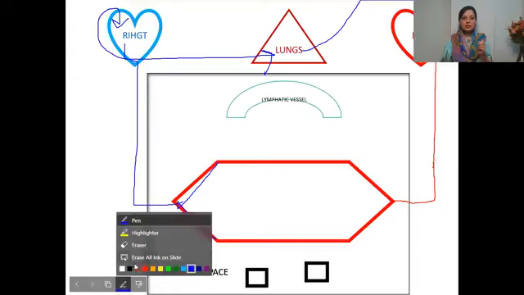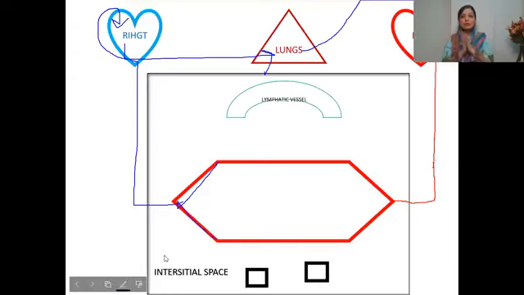So let me tell you, there are two types of pressure. One is hydrostatic pressure, the other one is osmotic pressure. This is your artery, and these are your arterioles, and ultimately this is your capillaries, and this one is your venules, and this one is your veins. Usually the hydrostatic pressure at the arteriolar end is 35 millimeters of mercury.